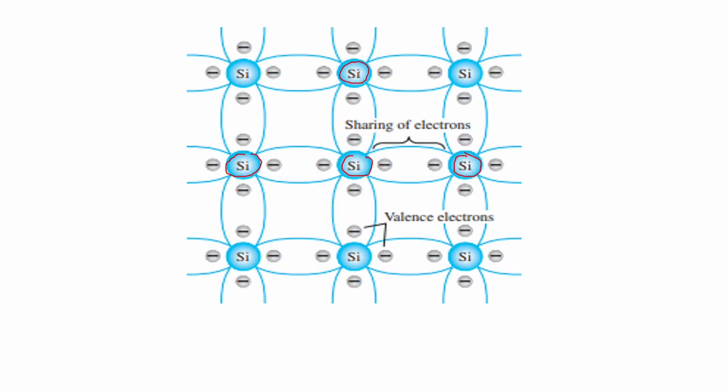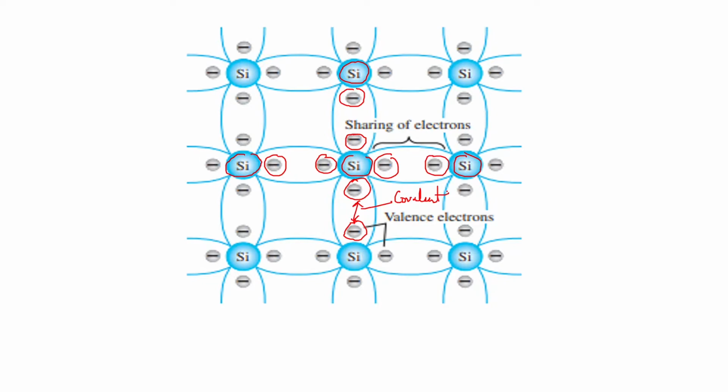You can see these valence electrons are shared. These are making bonds, these are covalent bonds. These valence electrons of adjacent atoms are shared, so these are bonds which are called covalent bonds.